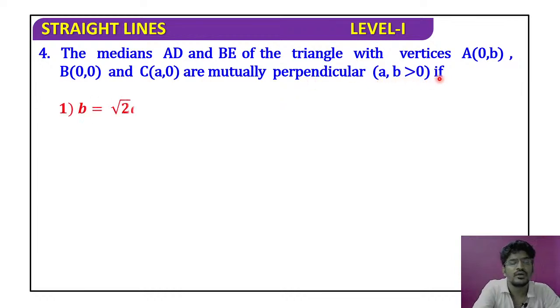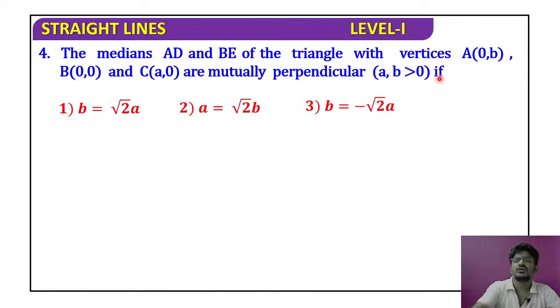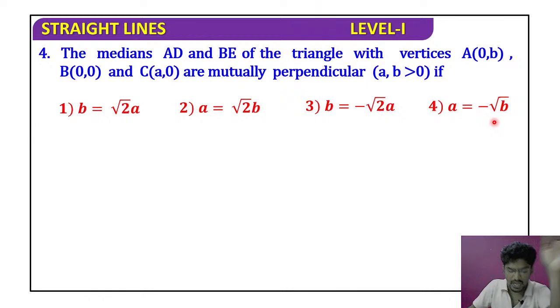The options are: b equal to root 2 a, a equal to root 2 b, b equal to minus root 2 a, and a equal to minus root 2 b. So we have to identify the answer. First you understand the medians AD and BE are mutually perpendicular.